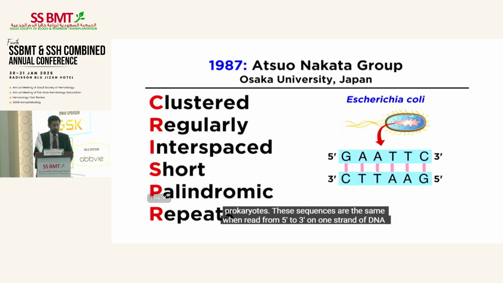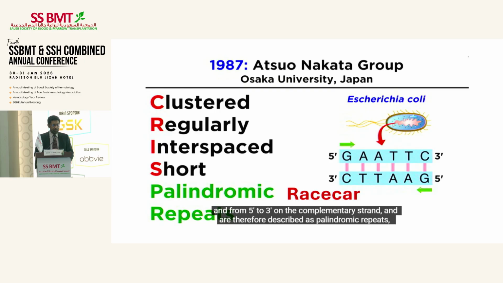So, the history of gene therapy. In 1987, Atsu Nakata's group in Japan described this CRISPR finding in Escherichia coli. The P stands for palindromic, and palindromic means it can be read from left to right and right to left the same way, just like the phrase "race car."